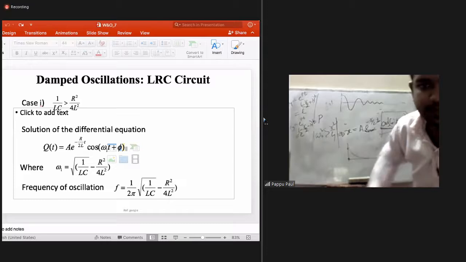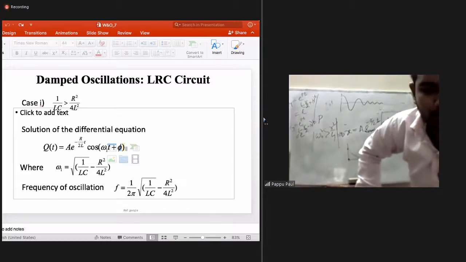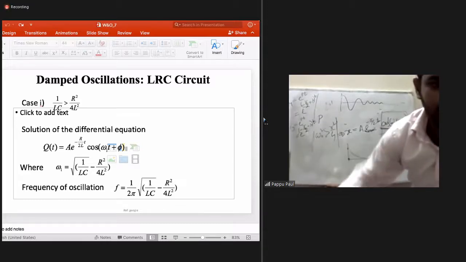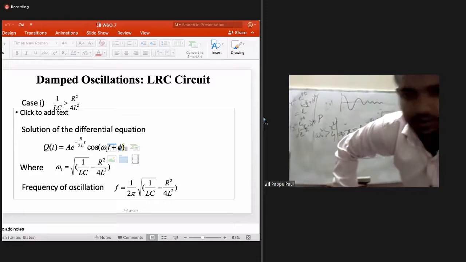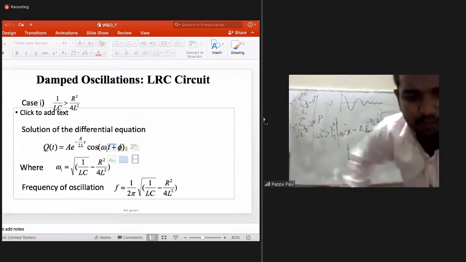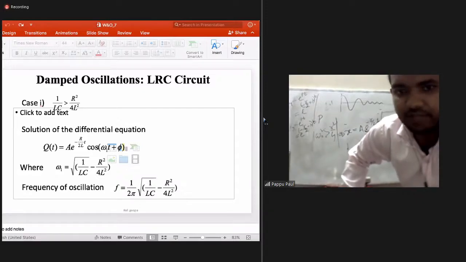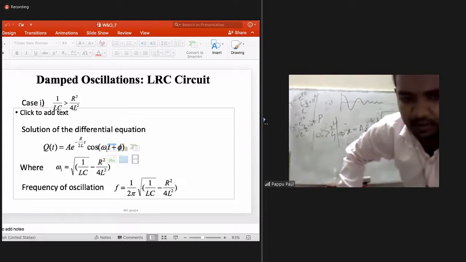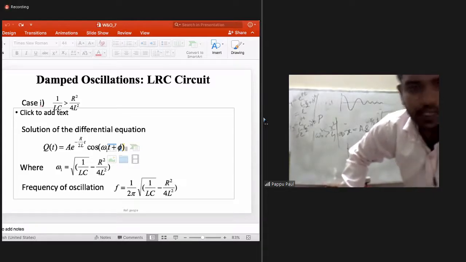Okay, sir, clear. Okay, I think you understand. Does anybody have any other question about this free condition? Because this is really important, and damping oscillation is really new because this is not included in your HSC syllabus.